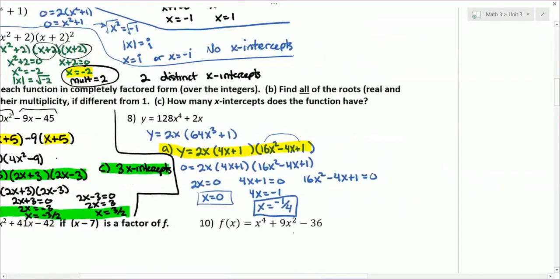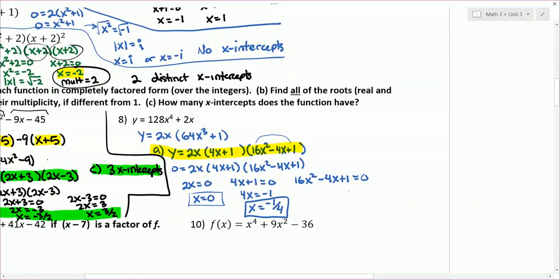And then the third one, because it's quadratic, we're going to plug this into the quadratic formula. Remember, the quadratic formula is x equals negative b plus or minus the square root of b squared minus 4ac all over 2 times a. In our case, a is 16, b is negative 4, and c is 1.